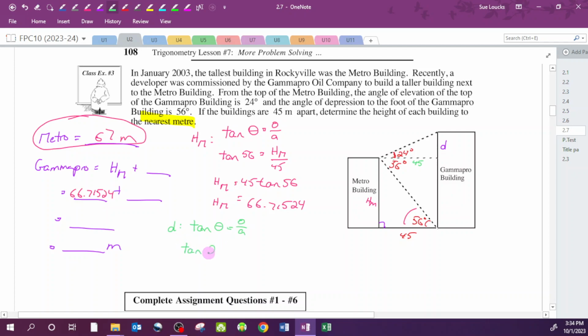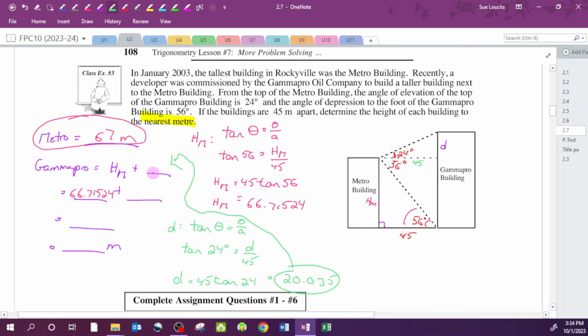So tan 24 degrees is going to be D over 45. So D equals 45 times tan 24, which is 20.035 something something.